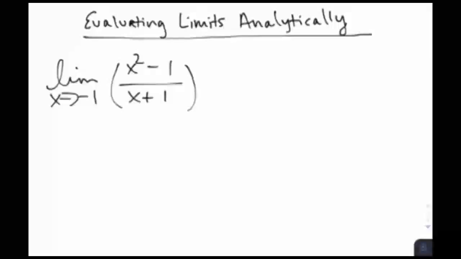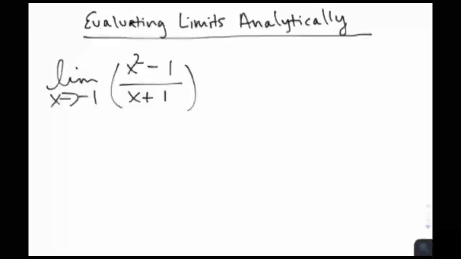We have the limit as x approaches -1 of x squared minus 1 over x plus 1. When we are looking at this problem, we're looking to see, okay, are we able to just plug and chug like we did before when we were solving for the limit numerically? Well, we can try that real quick.